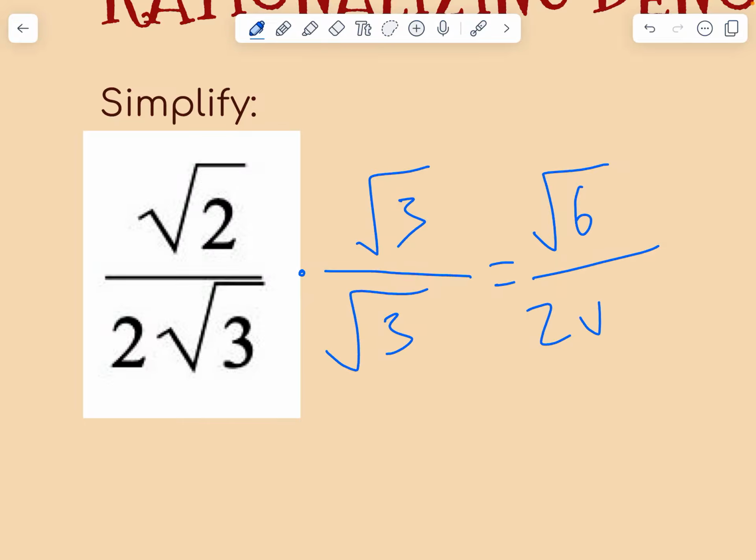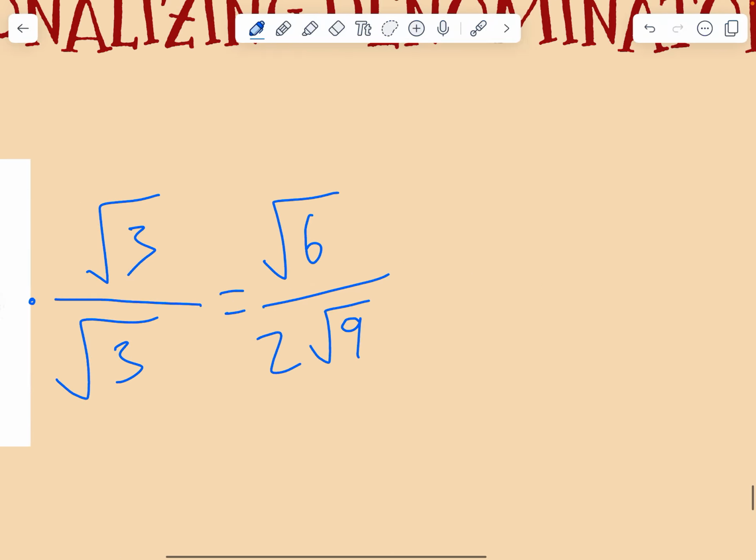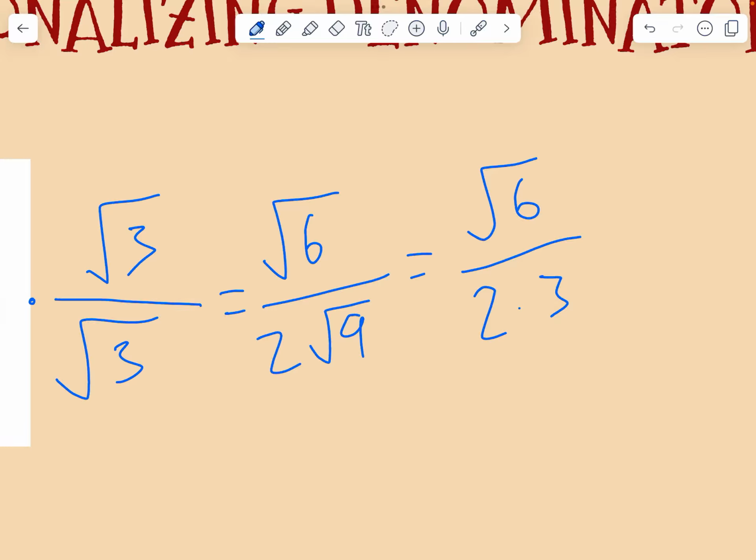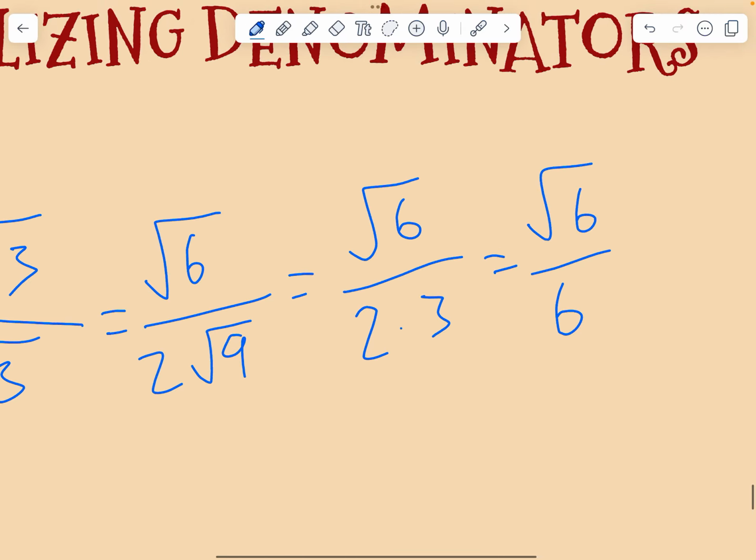Square root of 3 times square root of 3 is the square root of 9. The square root of 9 is a perfect square, so we can take its square root, it's 3. So now on the bottom we have 2 times 3, which is 6. So our final answer is the square root of 6 over 6, okay?